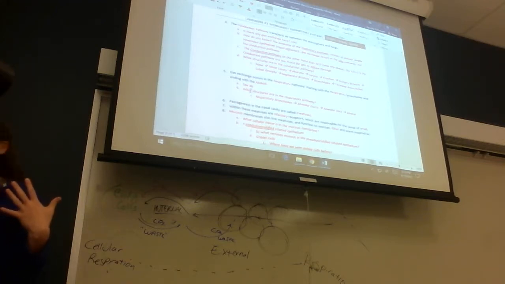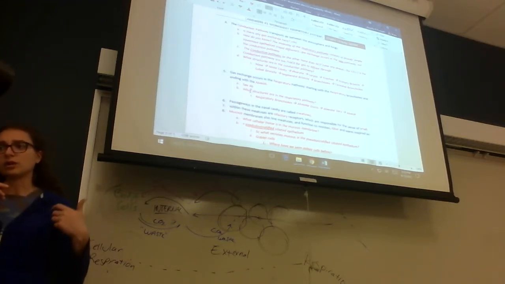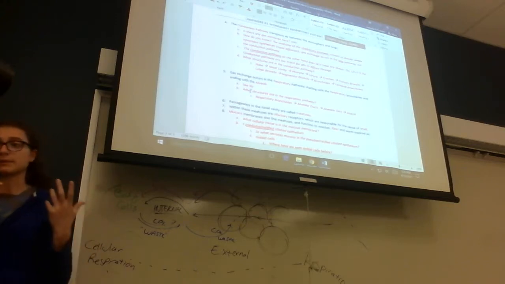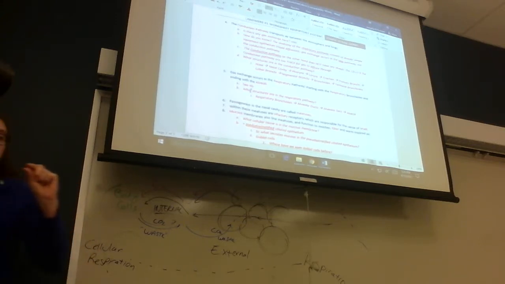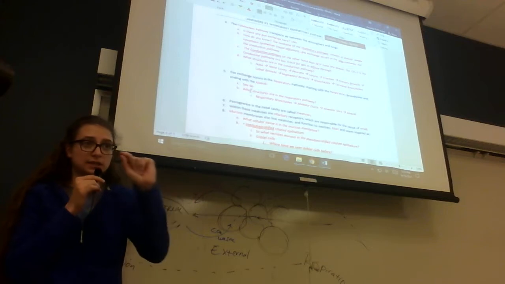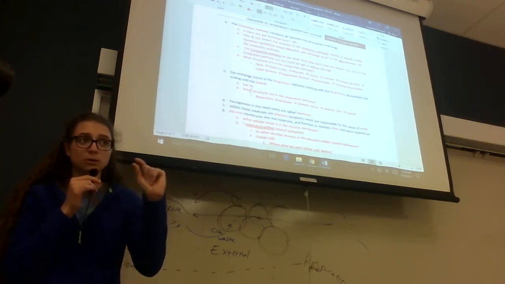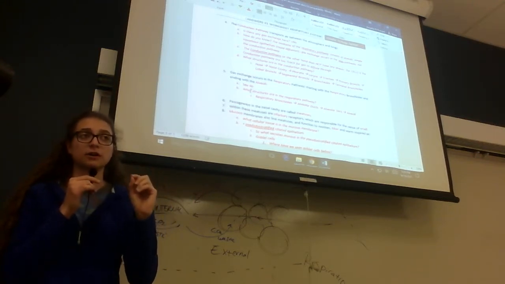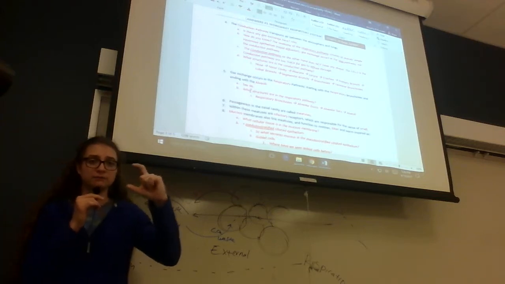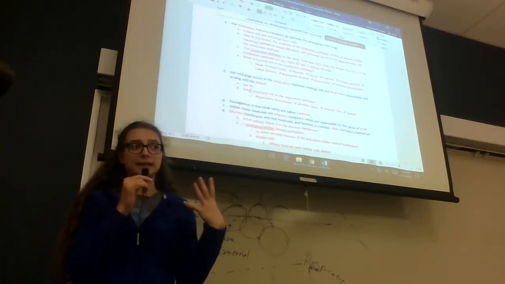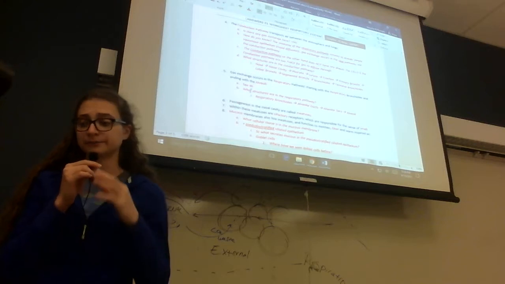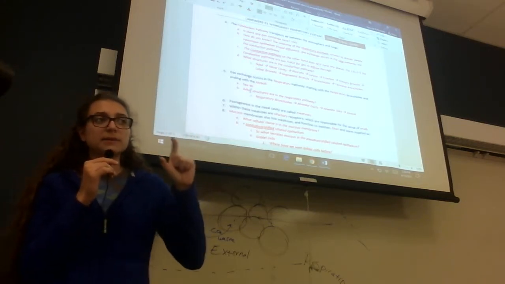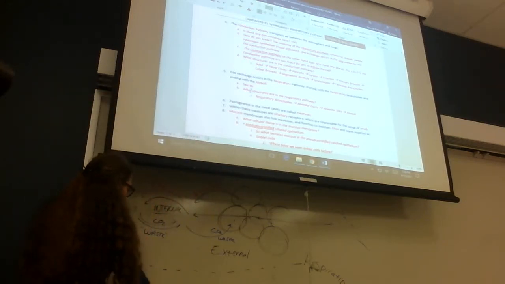The anatomy of the respiratory pathway consists of the alveoli, which is simple squamous epithelium. The reason it's simple squamous is that it's very, very thin, so that gas exchange can occur. Because if you have a thick epithelium, and epithelium means a layer of tissue, a layer of skin, it's going to be really hard for stuff to get through.